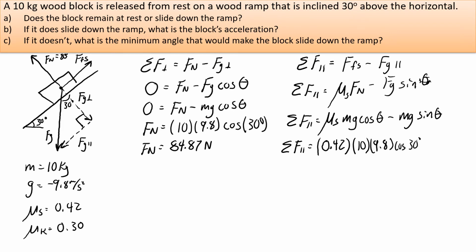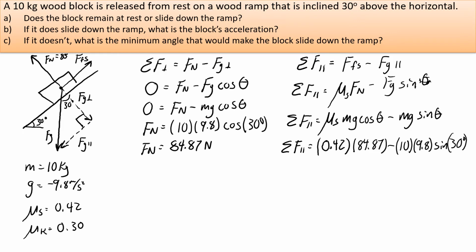30. Am I going to run out of room? I don't know. Well, we already knew what this number was. So if I wanted to, I could rewrite it like this. This is still just our normal force, which we solved for already. And then this becomes 10 times 9.8 times the sine of 30 degrees.